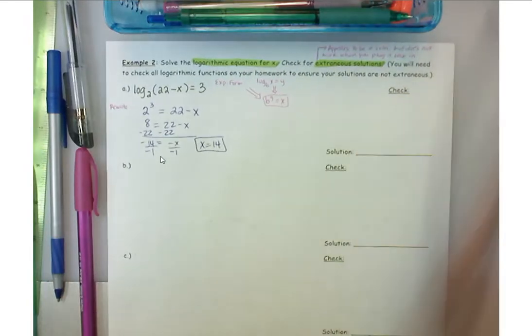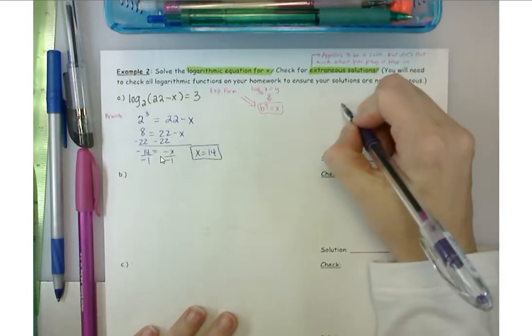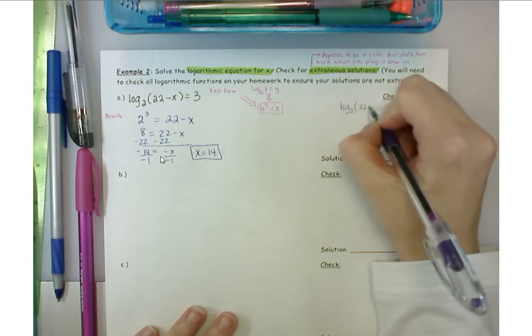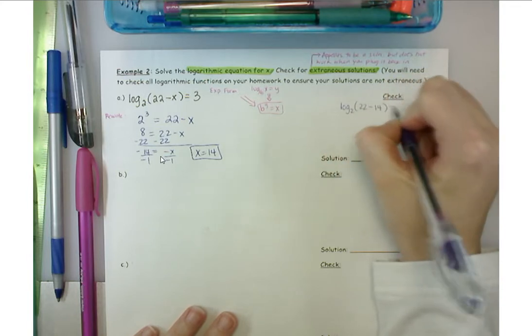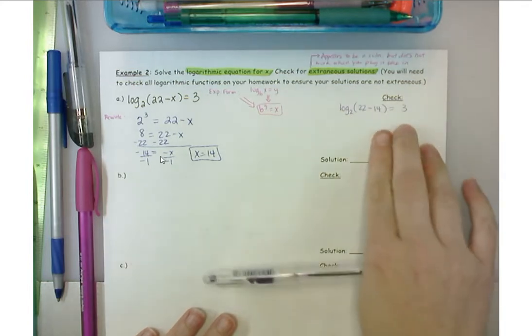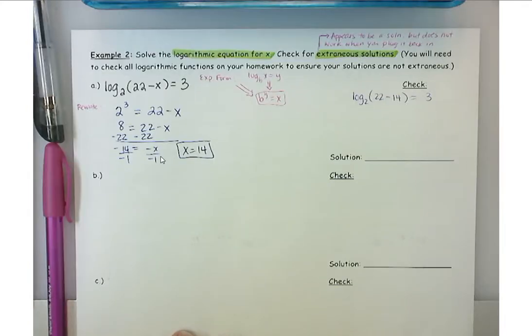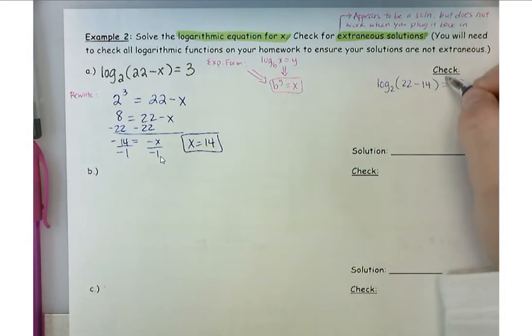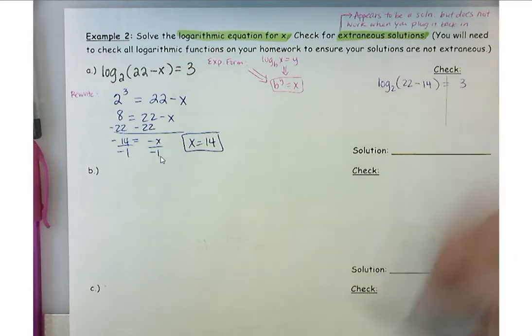Whenever you're checking, you plug this into your original equation. So log base 2 of 22 minus 14 equals 3. You are not going to do any type of solving, and you're not going to work with both sides. You just want to work with one side of your equation and show that it equals 3.